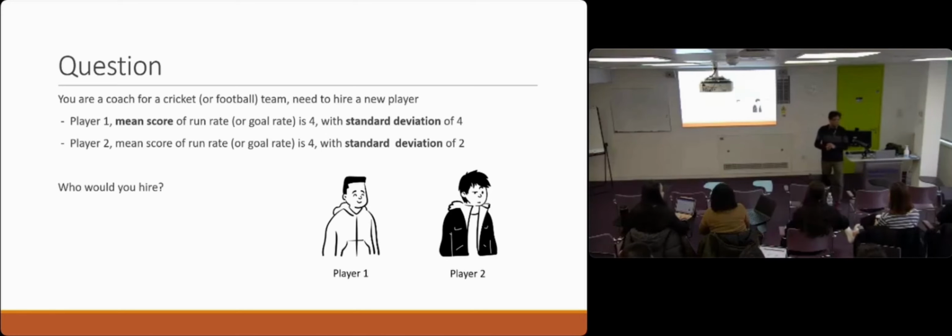Player 1 has a mean of 4 and standard deviation of 4. And player 2 has a mean of 4 and standard deviation of 2. Don't look at the picture and hire them. Don't see which one looks cooler, right? Which one will you hire?